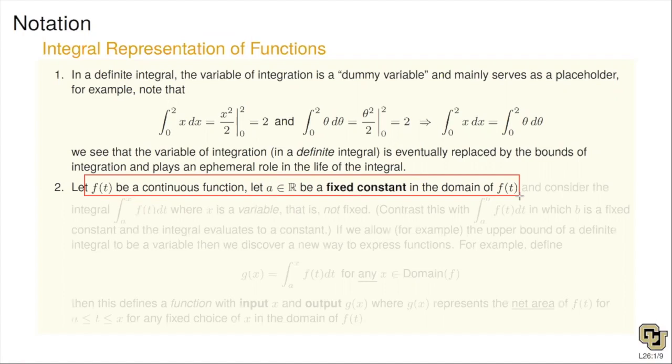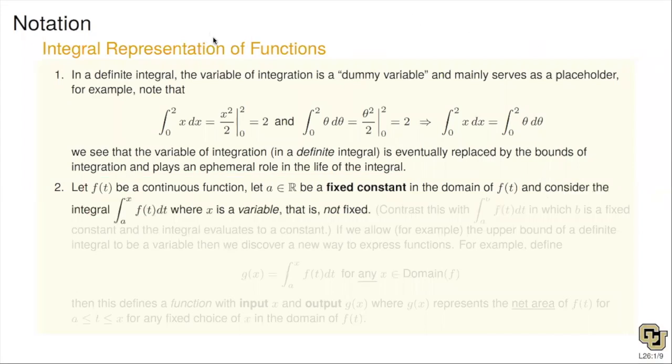So this is our starting point. Give me a function and give me a number in the domain of the function. Now I'm going to create a new function, and that function is going to look like this. The integral from a to x, this is not a typo, this is an x, a variable, of f of t dt.